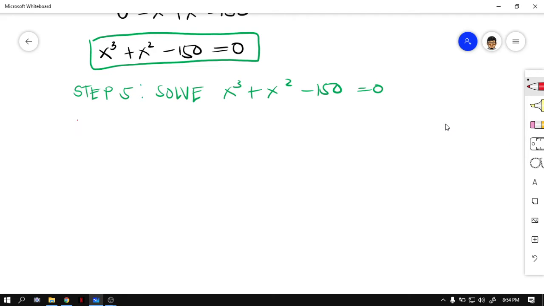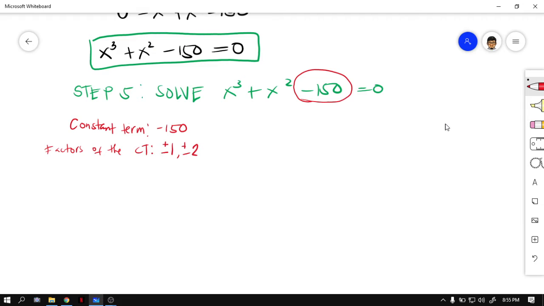Sa rational root theorem, kailangan natin yung constant term. Constant term. In the given equation, negative 150 is your constant. So, negative 150. And then, what are the factors? Factors of the constant term. Positive negative 1, positive negative 2, positive negative 3, positive negative 5, positive negative 6, positive negative 10.